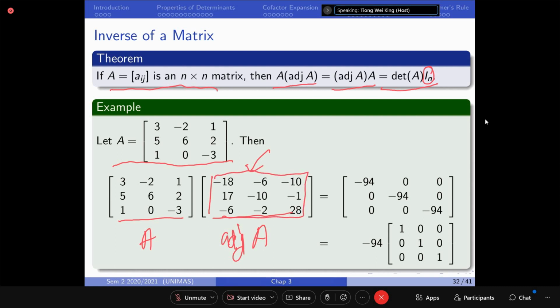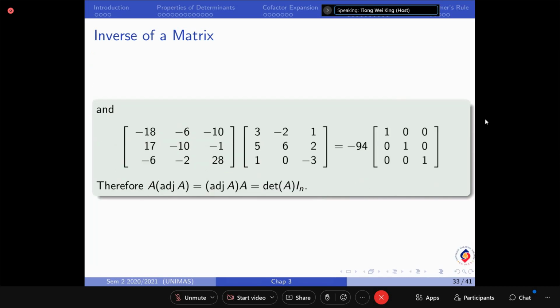This is equal to the determinant A, and this is the identity matrix I3. Or the other way around, adjoint A times A, then you get the same: the determinant A times the identity matrix.